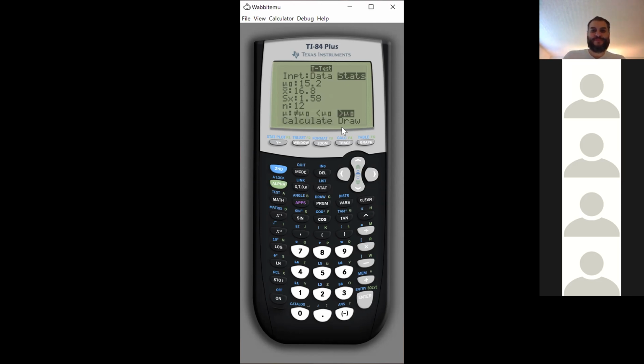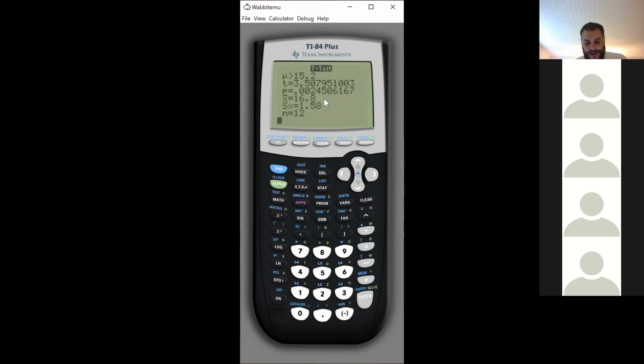All right. So if you look at the t-value, we get 3.507. I'm going to round that off to 2 decimal places, so I get 3.51. If you look at the p-value, we get 0.002.